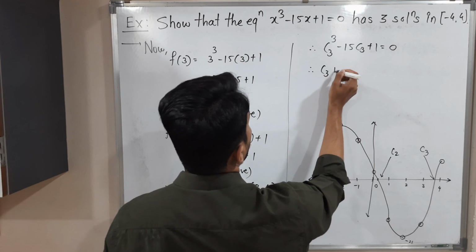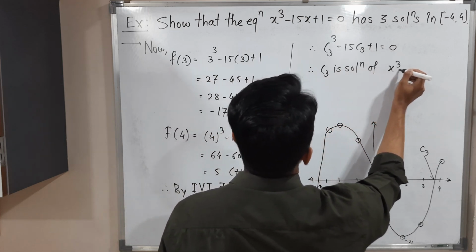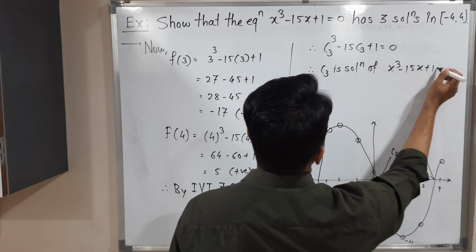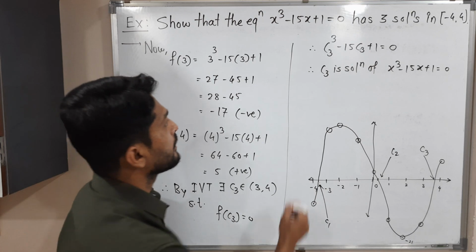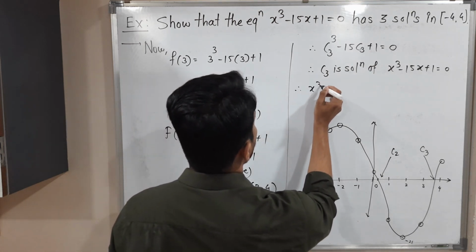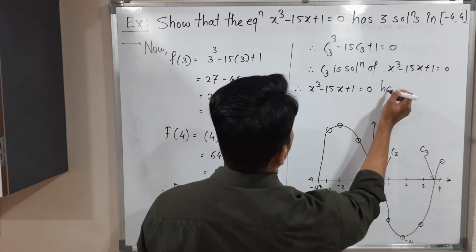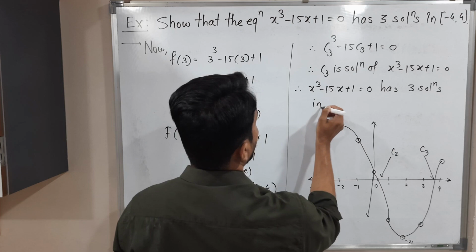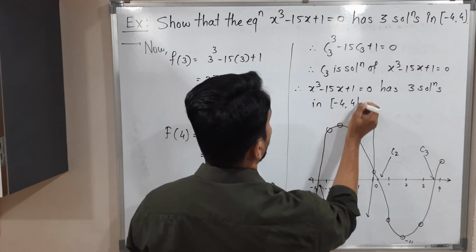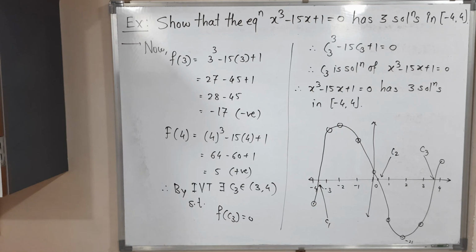Therefore, C3 is a solution of x cube minus 15x plus 1 is equal to 0. So finally we proved there are 3 solutions. Therefore, x cube minus 15x plus 1 is equal to 0 has 3 solutions in the closed interval -4, 4. So in this way we solve this example. Just make a screenshot of it, then we will stop. Thank you. See you in the next video.